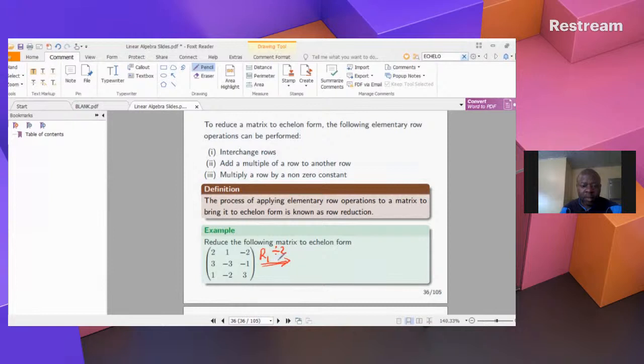So if the first row is divided by 2, I divide the entire row by 2. So this will be 1, and this divided by 2 will be 0.5. This divided by 2 will be -1. The other rows, I leave them the way they are first of all.